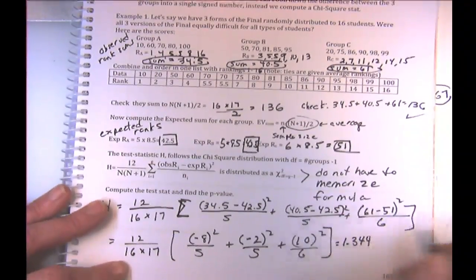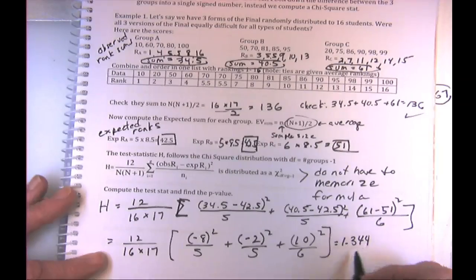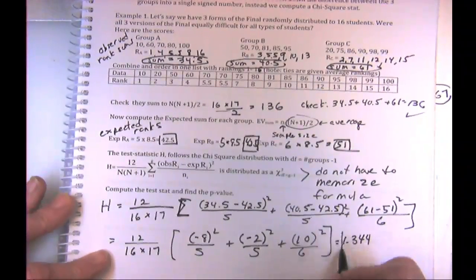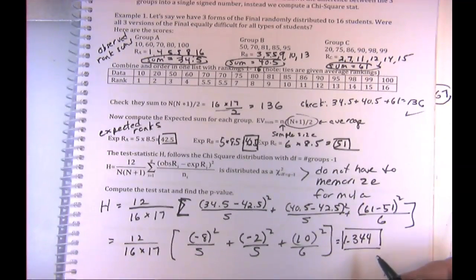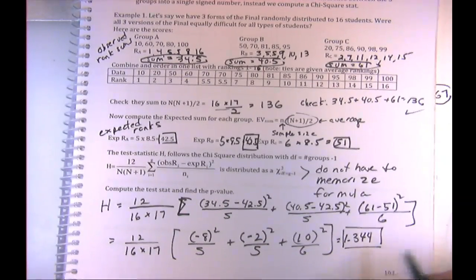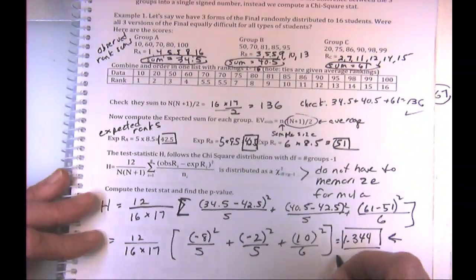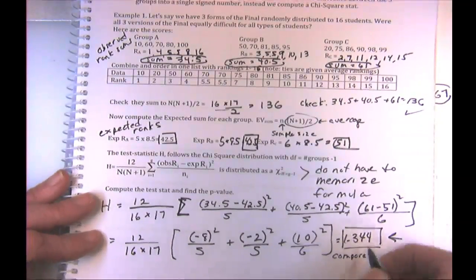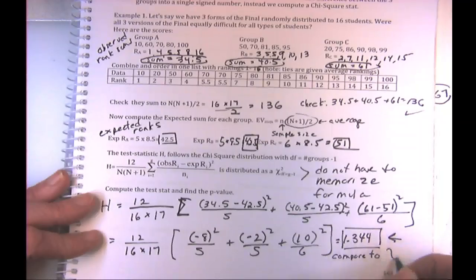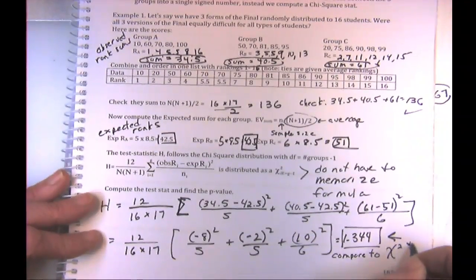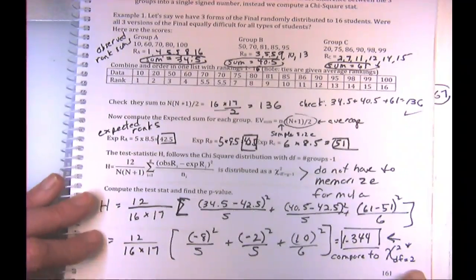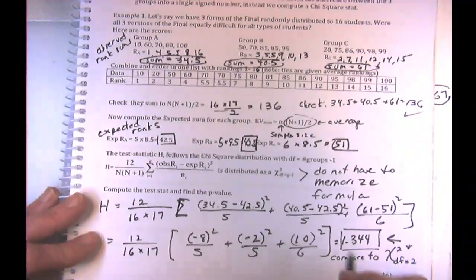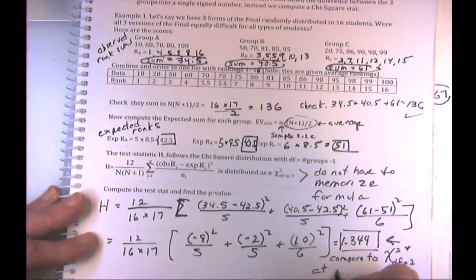So we do this, and I got 1.344. We are going to compare this stat to a chi-square critical value with degrees of freedom equal to 2, which is 3 groups minus 1, at alpha equals, why don't we do 5%.